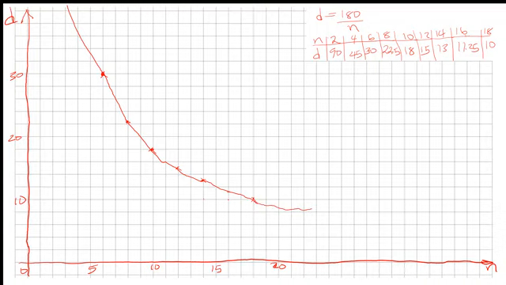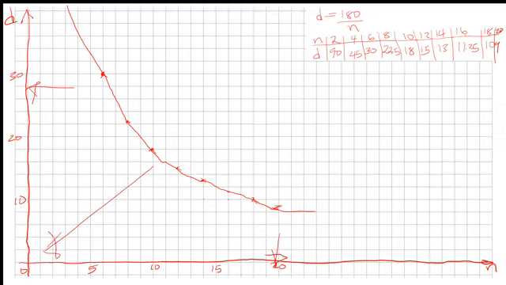Even if you say 20, it will be 9, somewhere there. So you have a curve like that. That curve will never meet this line, and will never meet the 0.